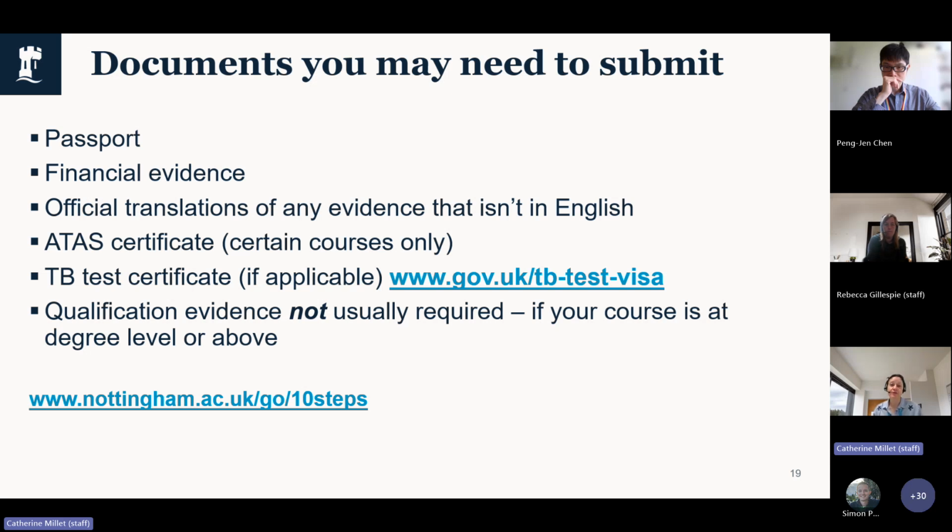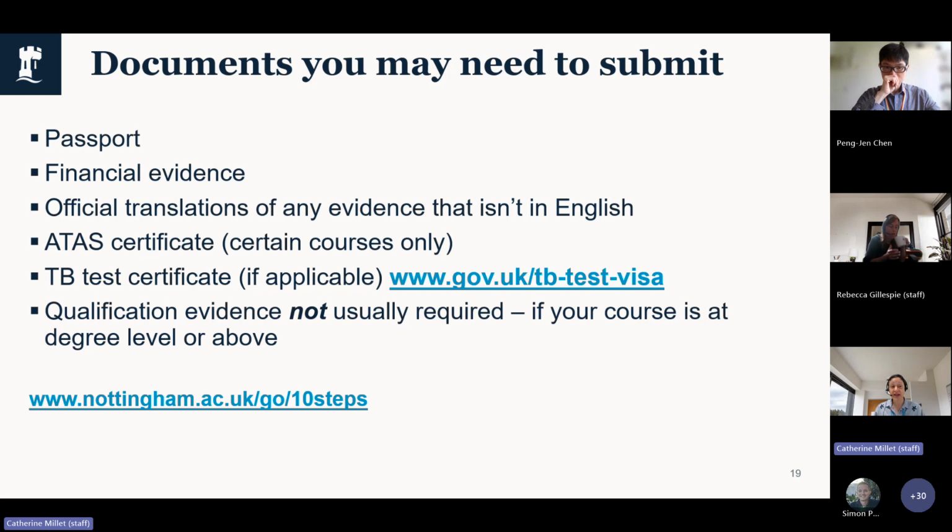So this is only if you're intending to study or research at postgraduate level in certain sensitive subjects. And the university will guide you and advise you on how to apply if you are going to be studying a course that requires an ATAS certificate. So that's only certain subjects at postgraduate level, doing research in particular.